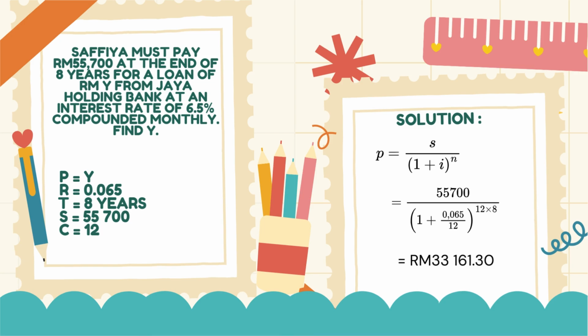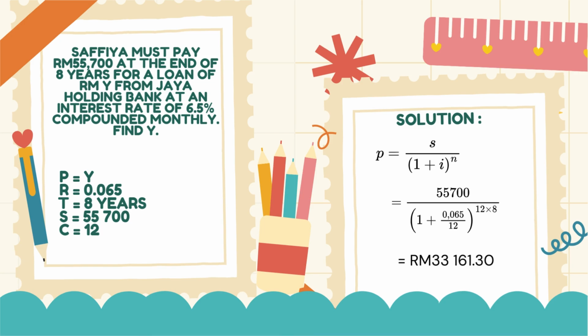For this question, we are going to use the formula P equal S per 1 plus I in brackets to the power of N. So, P is equal to Y, R is equal to 6.5% or 0.065. Time is equal to 8 years and S is equal to 55,700 and C is 12.